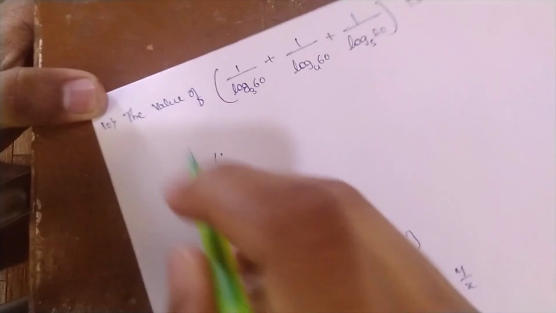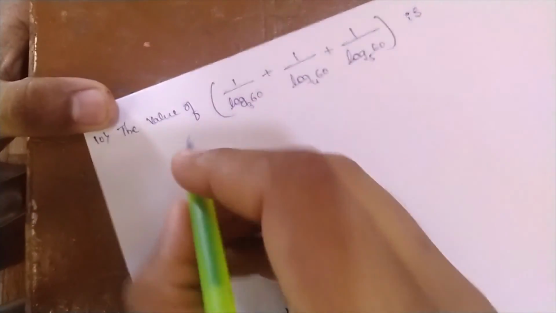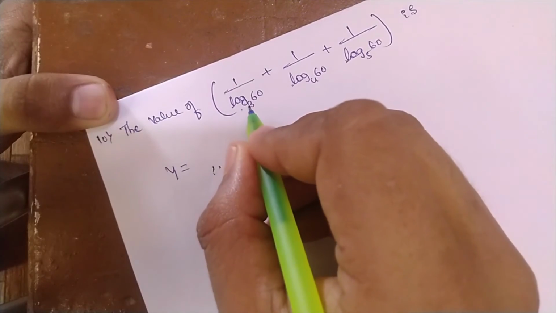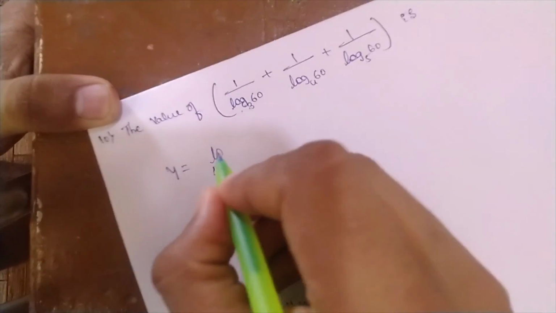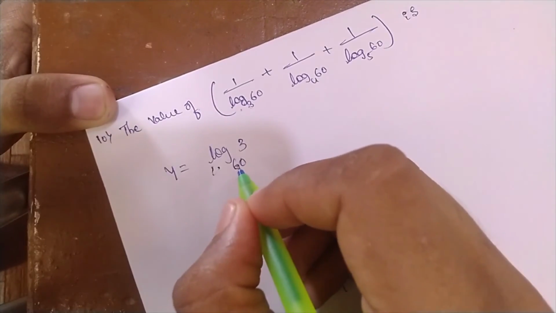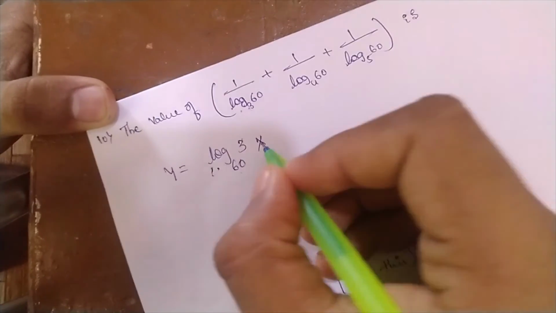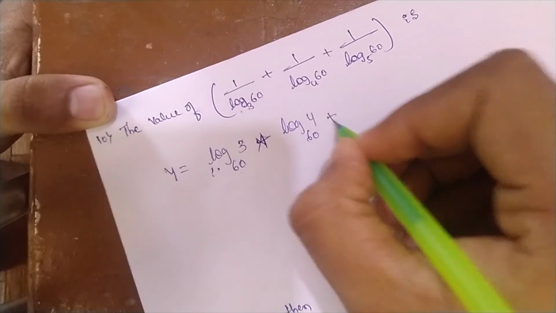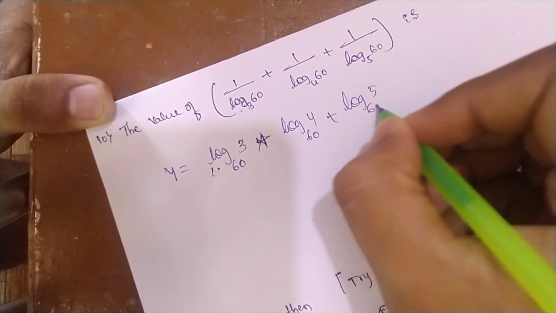So try this, the value of this function. Take it as y, so it is in the denominator, so take it to the numerator. When taking it to the numerator, the bases are extended, so it will become log 3 base 60 plus log 4 base 60 plus log 5 base 60.